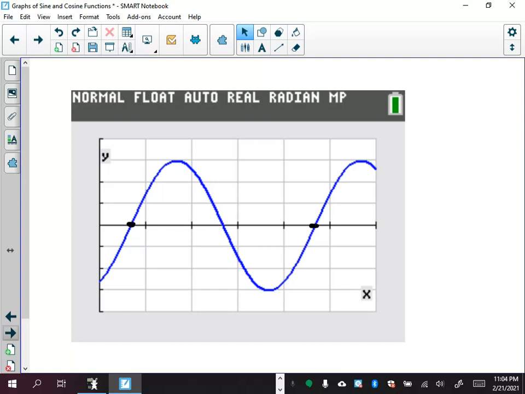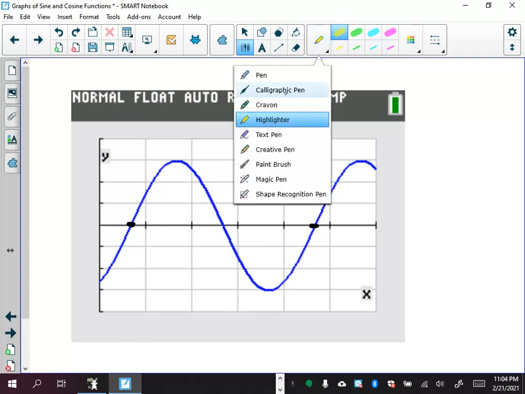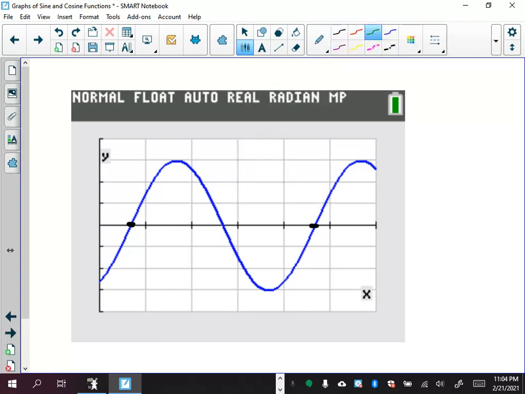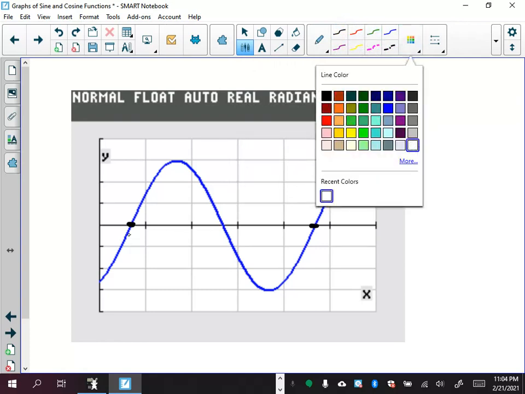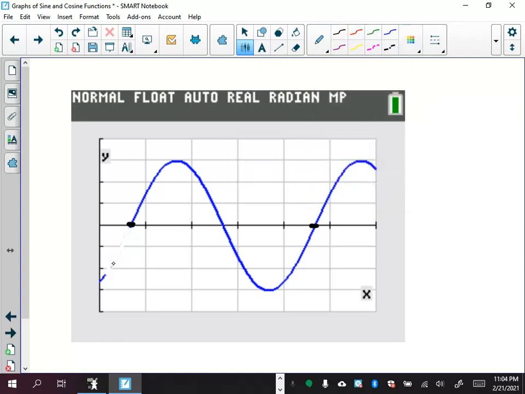Now, in your calculator, when you're dealing with this, notice here your cycle no longer starts at 0, 0. That's what we were dealing with. So if you take a look at your whole entire graph, there is your one cycle that looks like that.